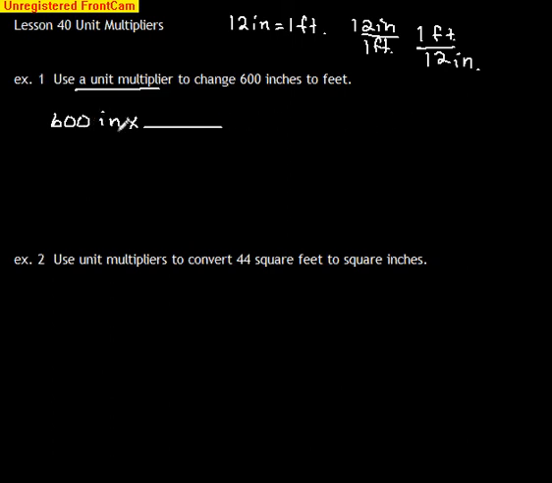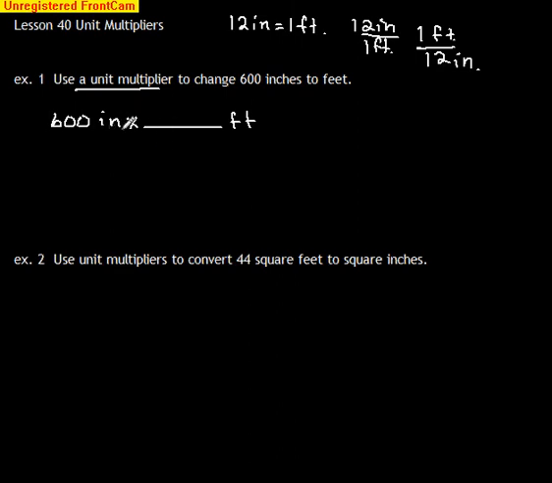So we want to go from inches to feet. So in this blank, we go up and pick one of these 2 unit multipliers. They're the same thing, just reverse, because they're equal to 1. So it doesn't change the value of the 600. You can multiply anything by 1 and it doesn't change the value.